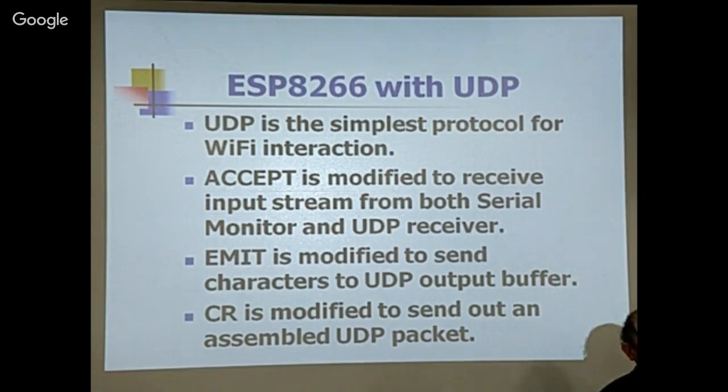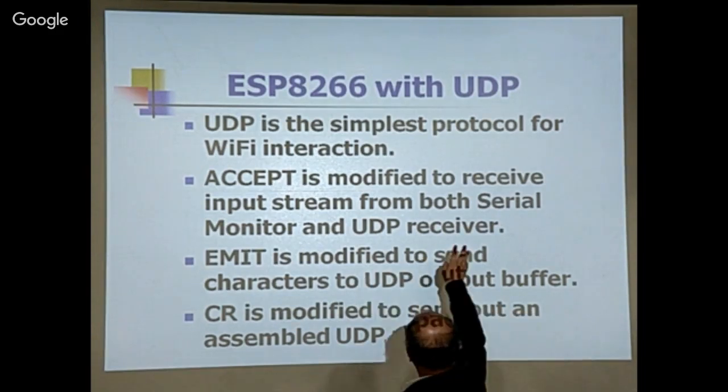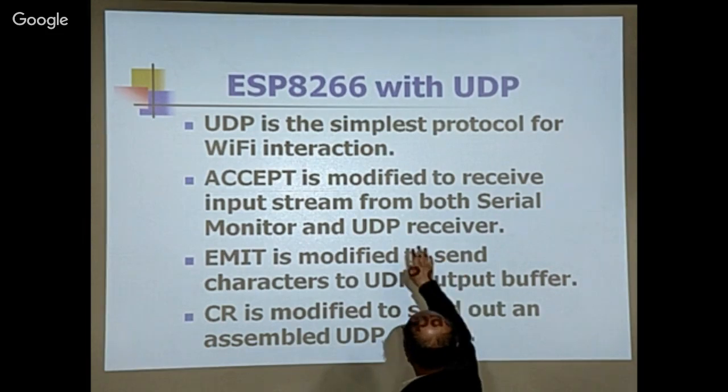In the ESP8266 eForth, I used accept to receive characters, and it would receive characters from the serial monitor as well as from the UDP packet, running in parallel simultaneously.